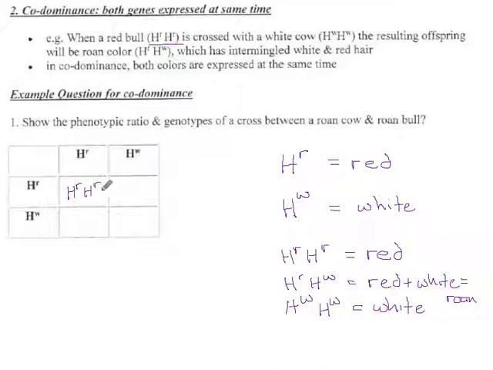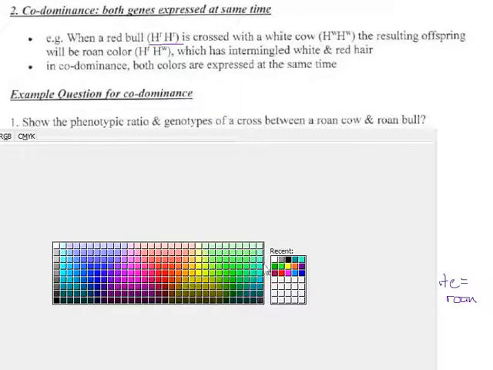Here we get HRHW. Here we get HWHR, but don't write it that way. Remember to alphabetize them. And the last possibility is HWHW. So the Punnett square rules don't change.